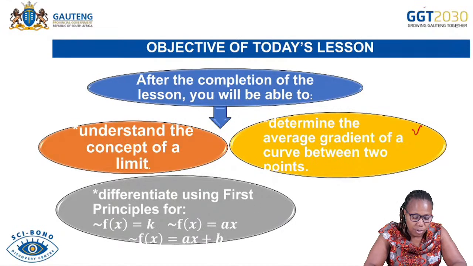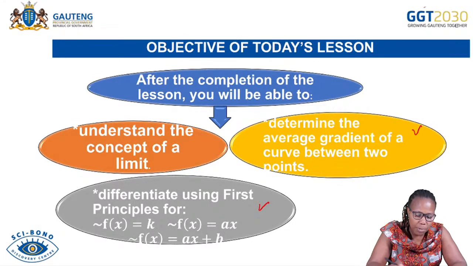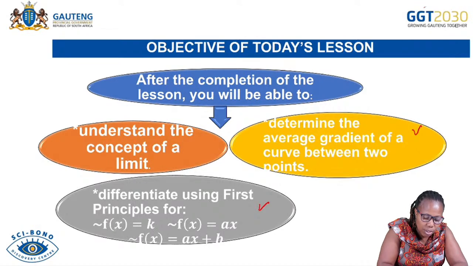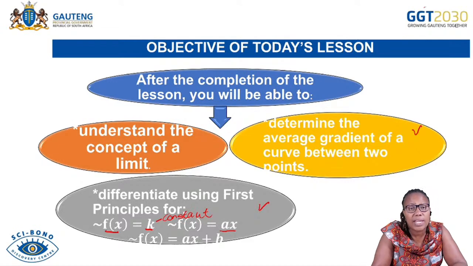Number 3, to differentiate using first principle, whereby we will be looking at the equation f(x) = k. This k stands for any constant value. Secondly, we'll be looking at f(x) = ax, a representing a constant with an x now.